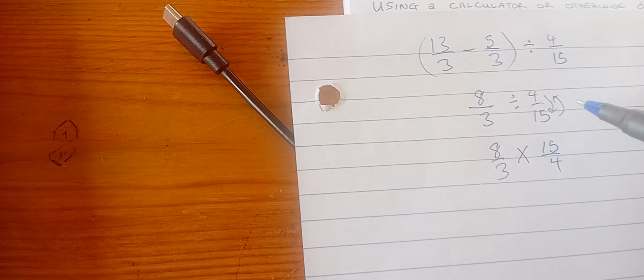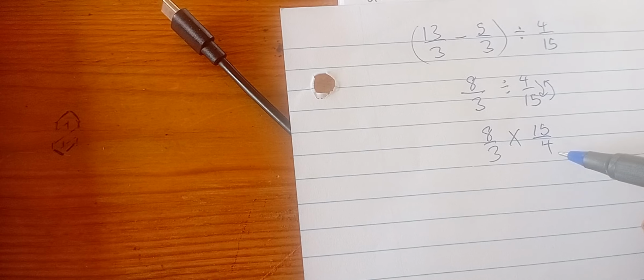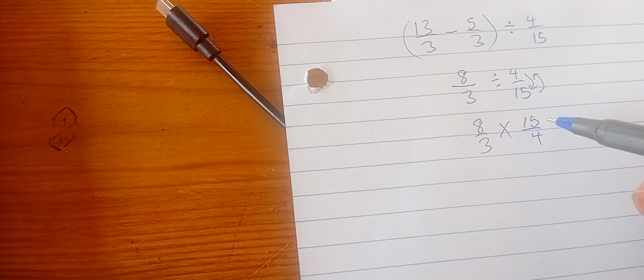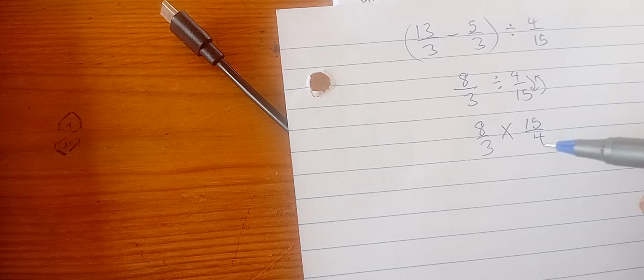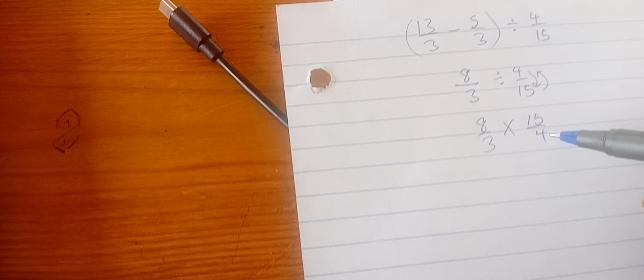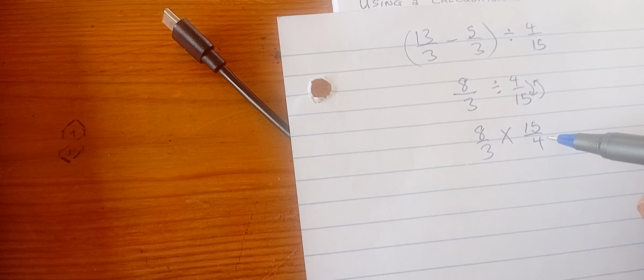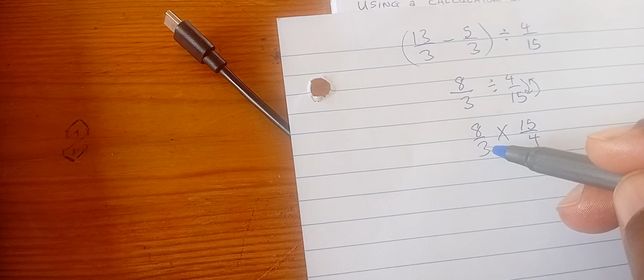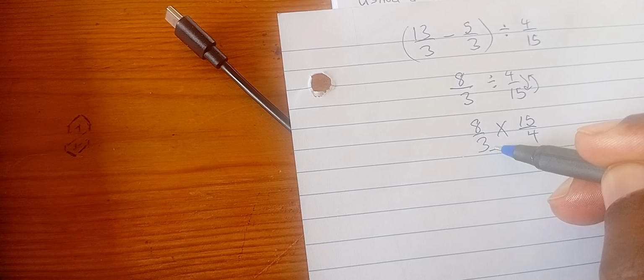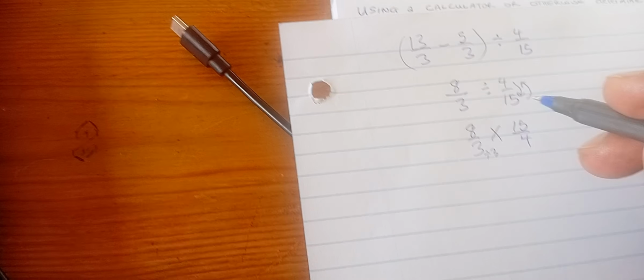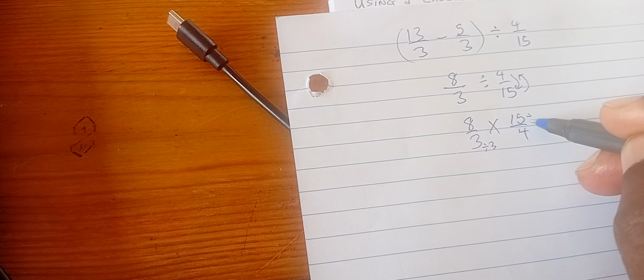And here, what we can do is look for a numerator and a denominator that have a common factor other than 1, preferably the highest common factor. If we look at 3, we can divide 3 by 3, and we divide 15 by 3 as well.